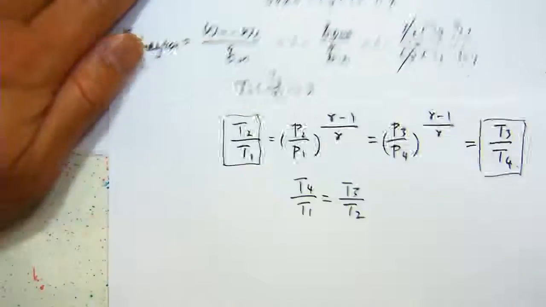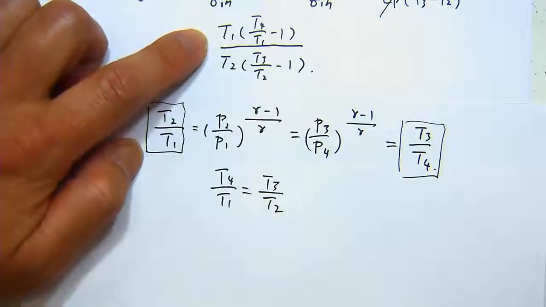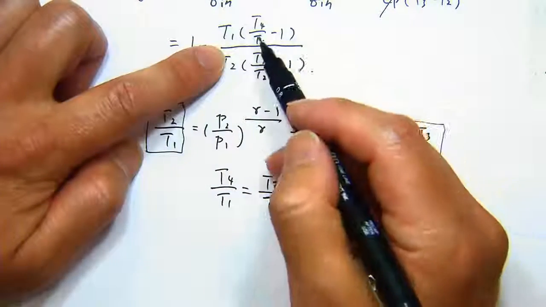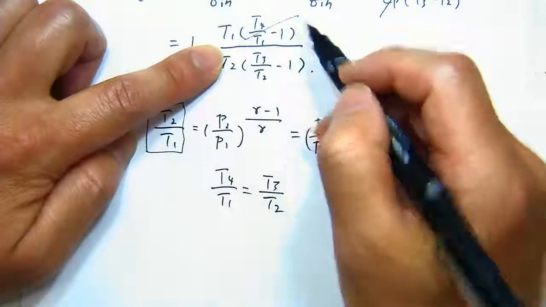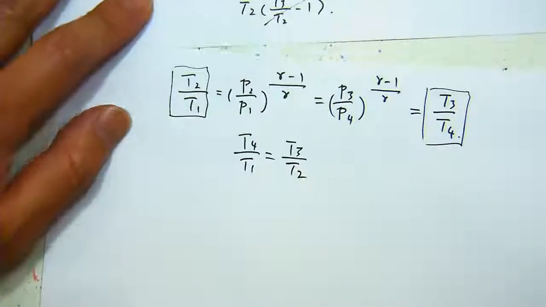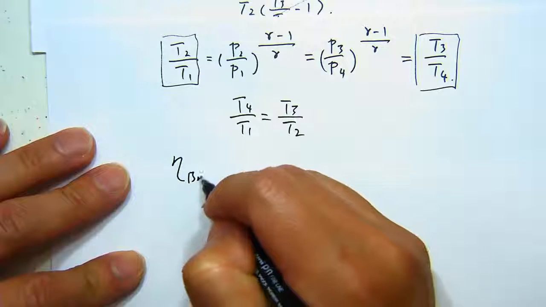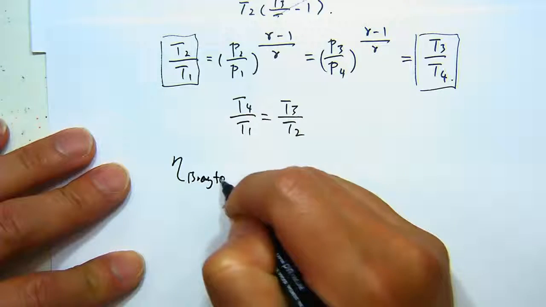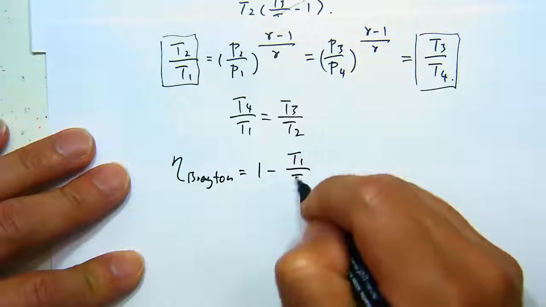So if you're looking at the term we derived here, that's saying this and that are the same, right? So basically these two got cancelled because they are the same. Then we simplify the efficiency to become 1 minus T1 over T2.